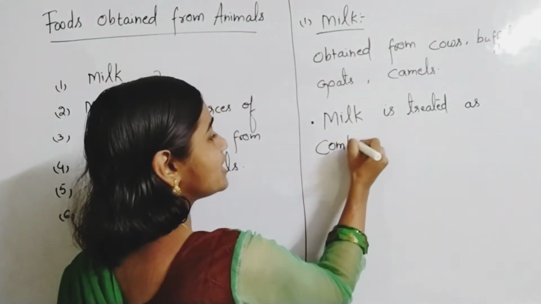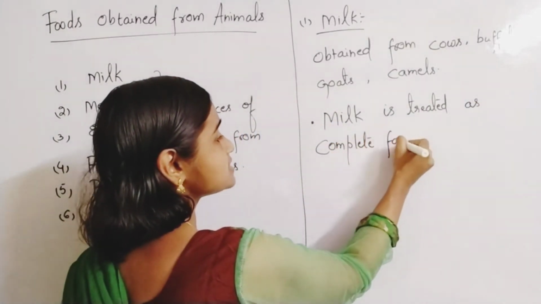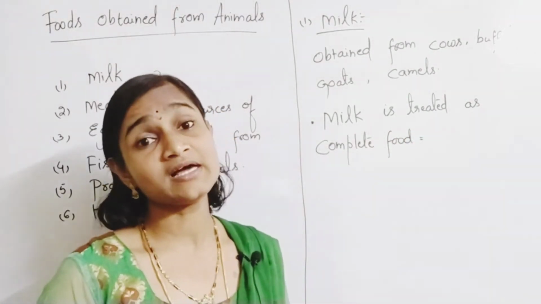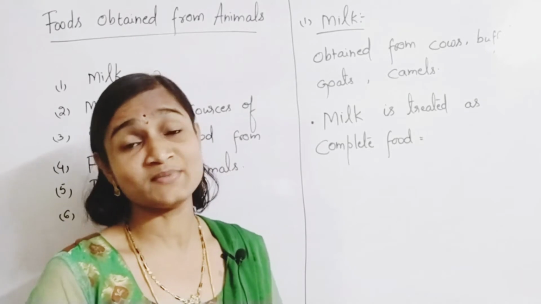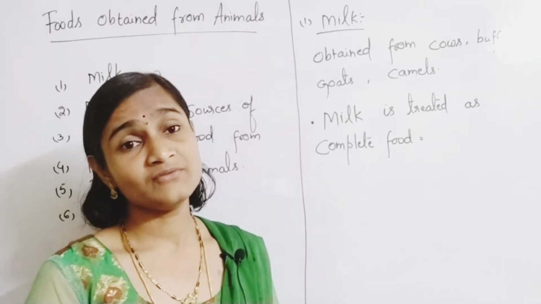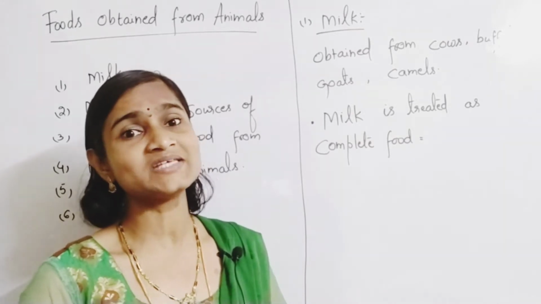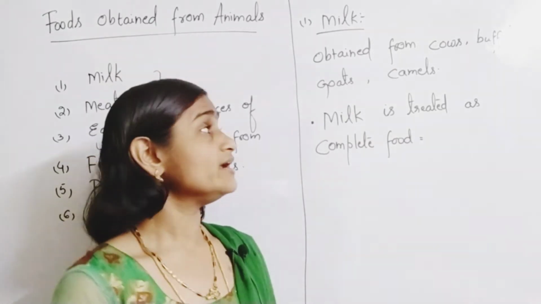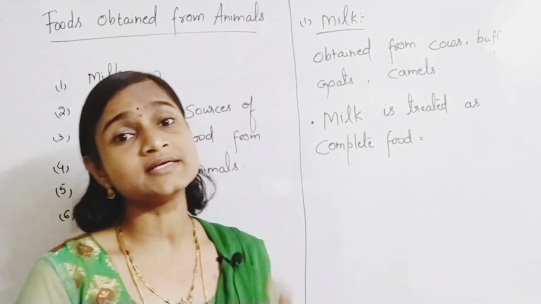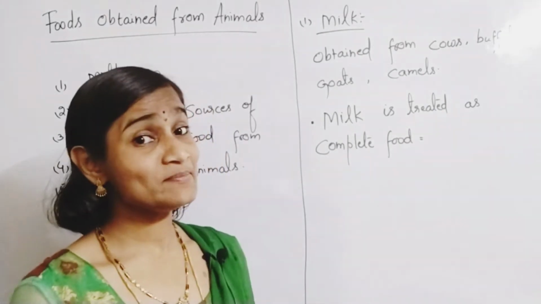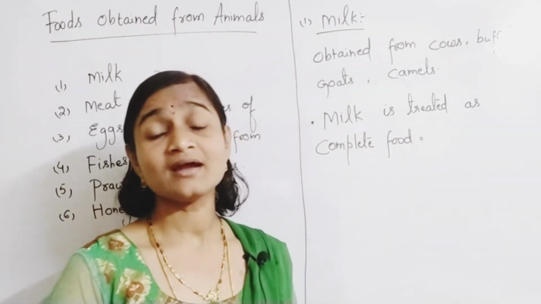Why is it called a complete food? Because it consists of all the components of food like carbohydrates, proteins, fats, minerals and vitamins, all are present in milk. That's why milk is called a complete food. And what are the different substances which we get from milk? You know dairy products.